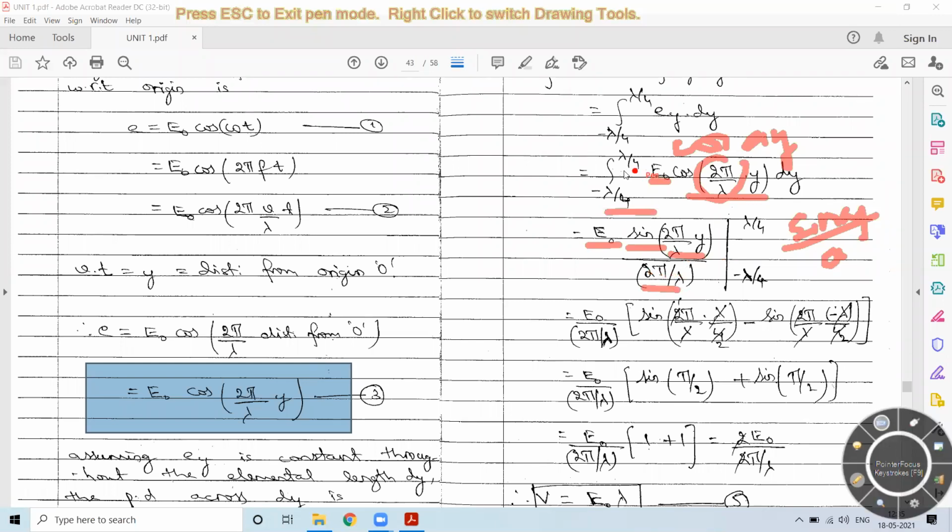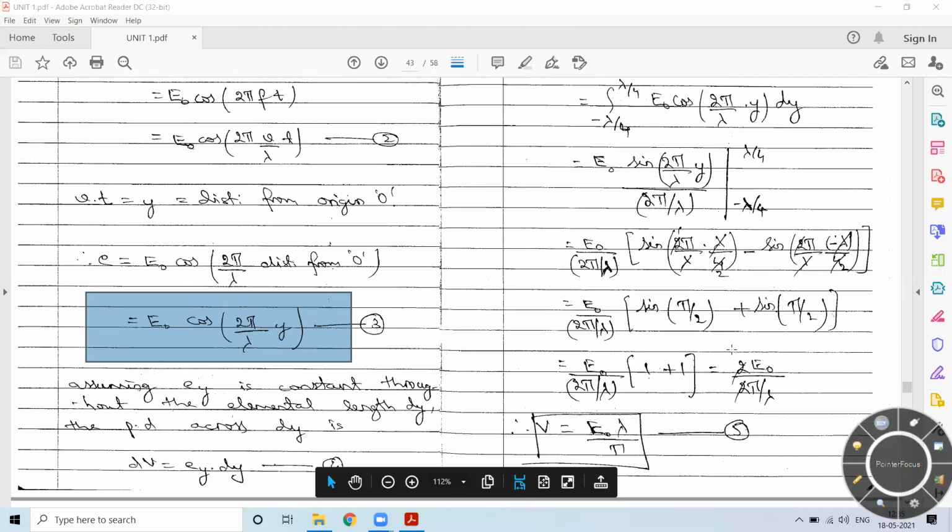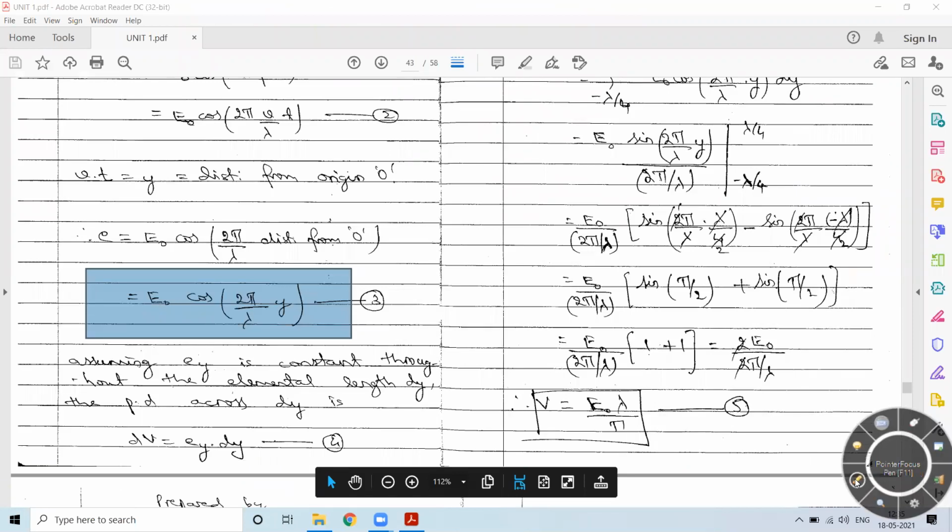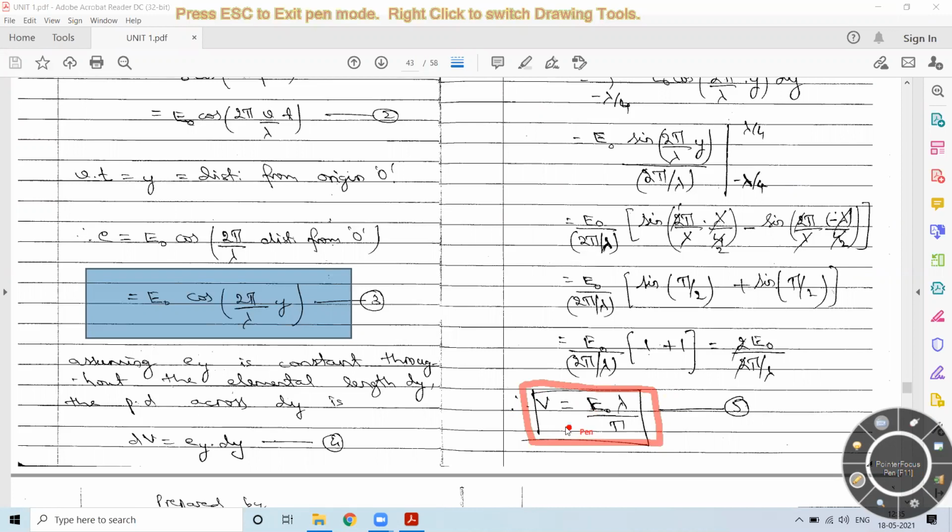And what are the limits? The limits are lambda by 4 to minus lambda by 4. When you simplify this overall parameter, you will end up with the potential value, wherein the potential is E naught into lambda by pi. So this is the potential value we have obtained.